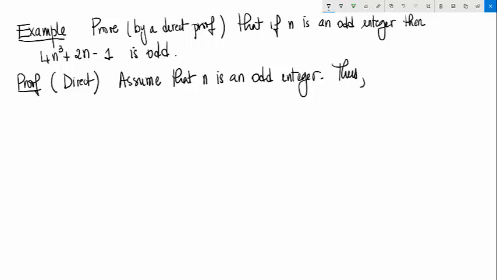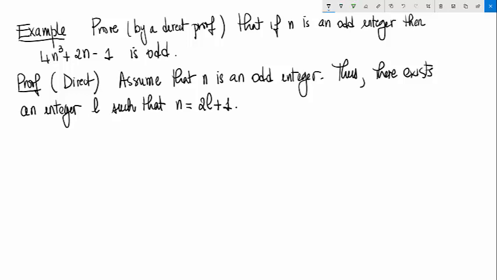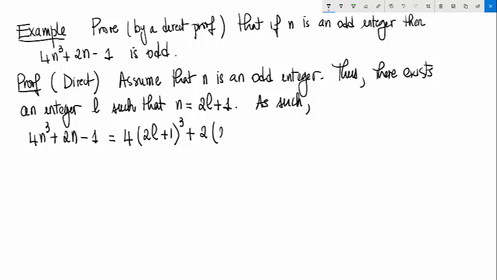Thus, there exists an integer L such that n is equal to 2L plus 1, and as such 4n cubed plus 2n minus 1 is equal to 4 times (2L plus 1) cubed plus 2 times (2L plus 1) minus 1.